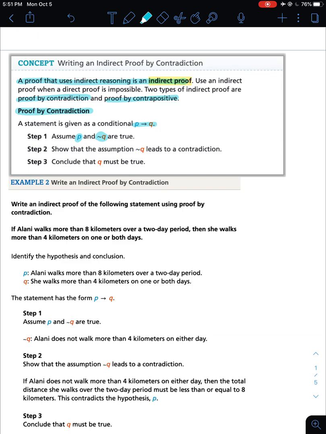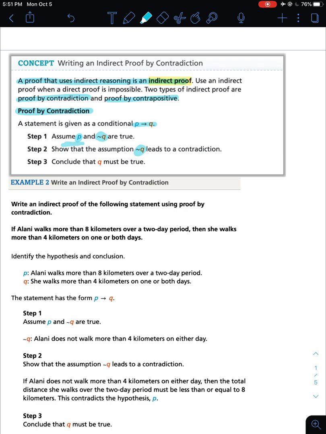The second step is to show that the assumption not Q leads to a contradiction. You're going to show that not Q doesn't match the hypothesis, or leads to some sort of contradiction with the hypothesis.